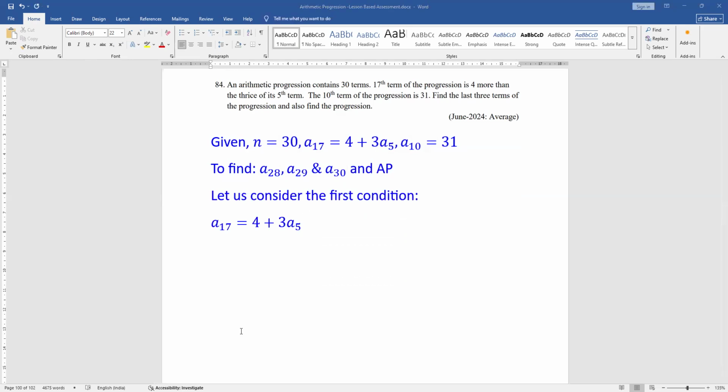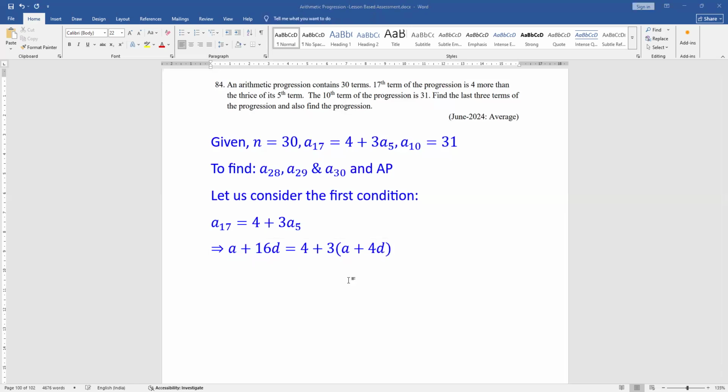Correct. So with the A17, I write it as A plus 16D equals 4 plus 3 times A5. A5 means what? It is A plus 4D. Okay, close.